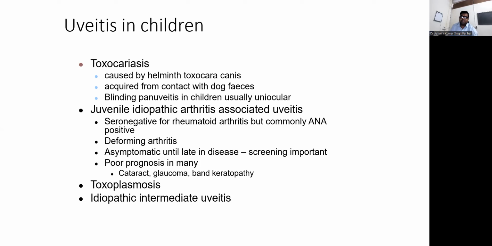The patient will have deformed joints and will be asymptomatic till late uveitis features have developed, and the patient will have a poor prognosis and can develop band keratopathy, increased ocular pressure, and cataract. The other important causes are toxoplasmosis, as I mentioned previously, and idiopathic intermediate uveitis.